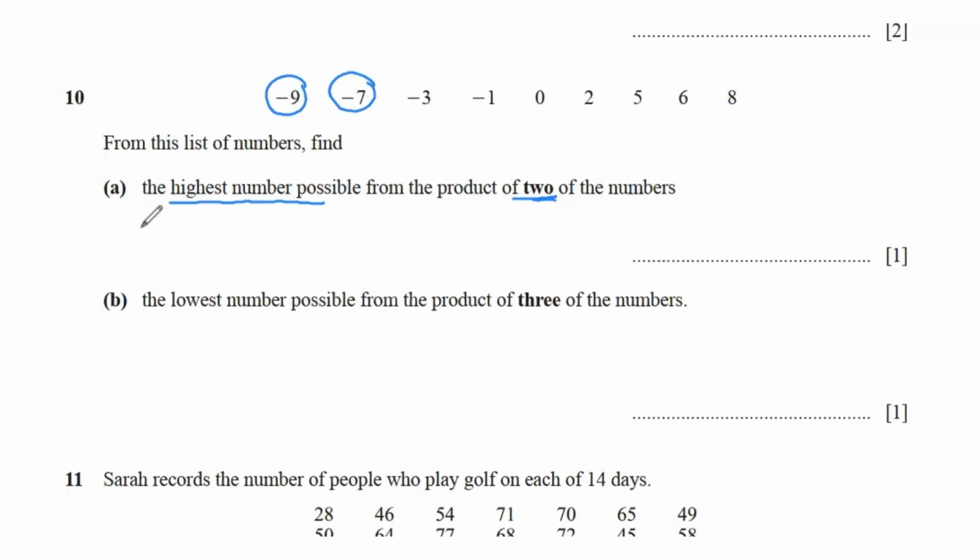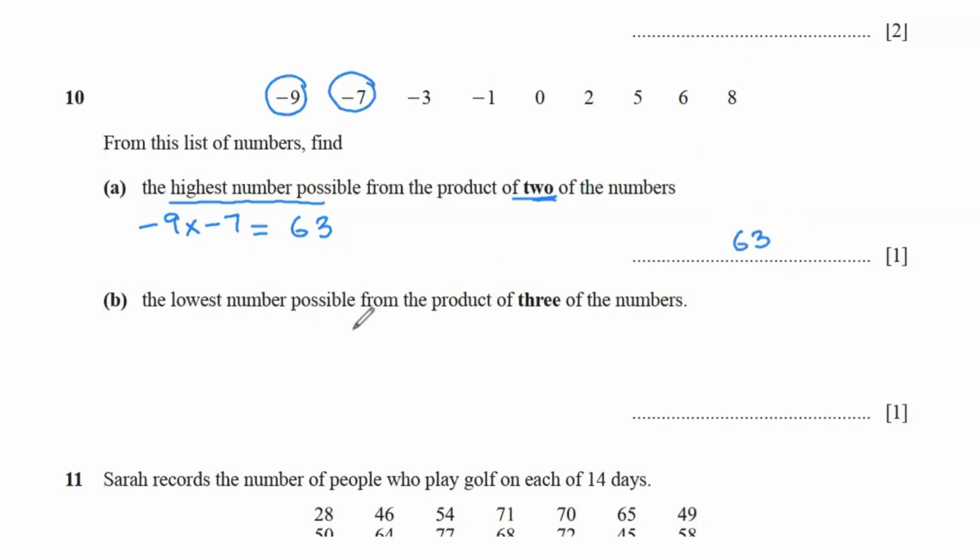So -9 and -7 gives us positive 63. Remember, when you multiply negative integers, the answer is positive. If you multiply a positive and a negative integer, the answer is negative. If you had done 6 times 8, that would give us 48. That's not the highest possible number. The highest possible number is -9 times -7, which is equal to 63.